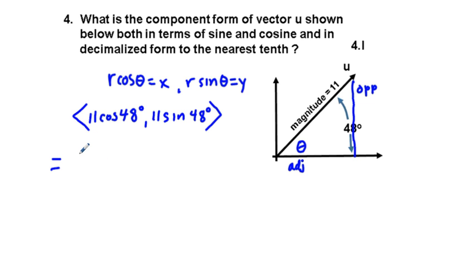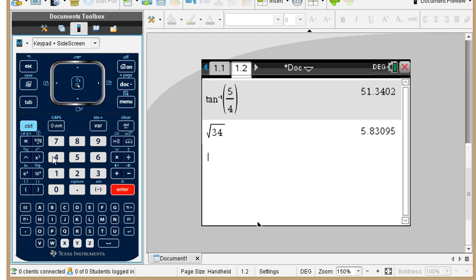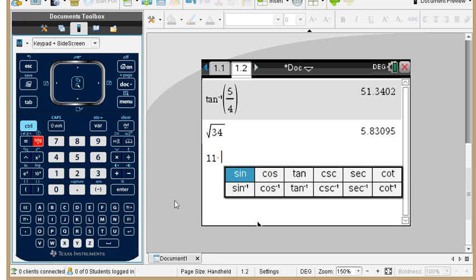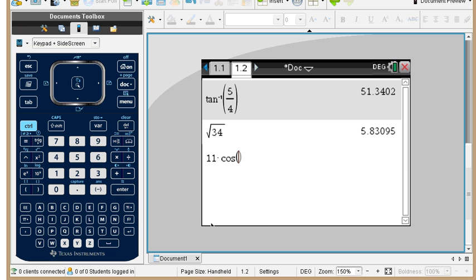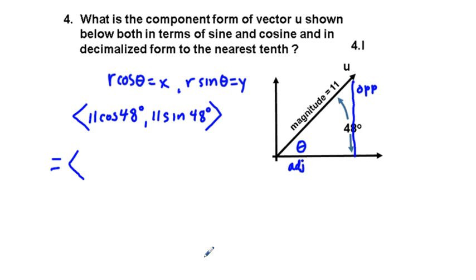And then if we decimalize this to the nearest tenth, let's just go and do this. We have 11 times cosine, and make sure I get the angle right, 48 degrees.